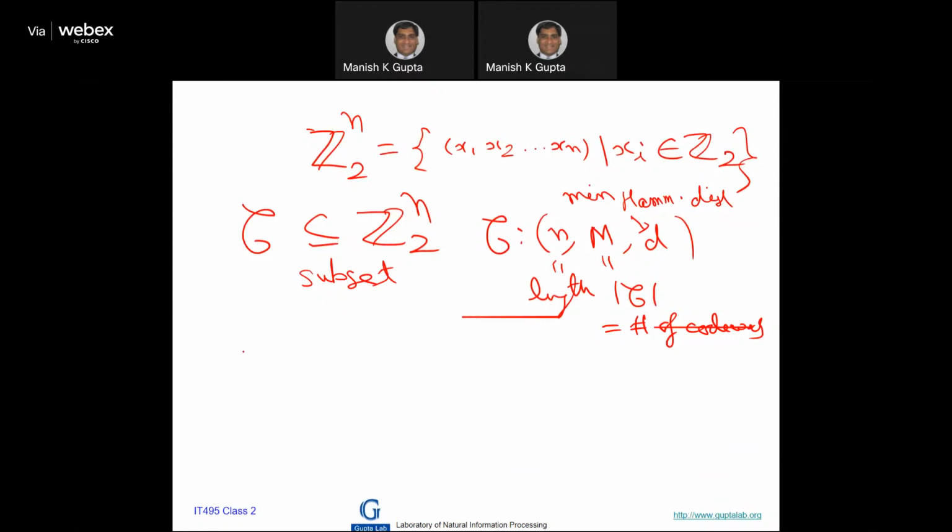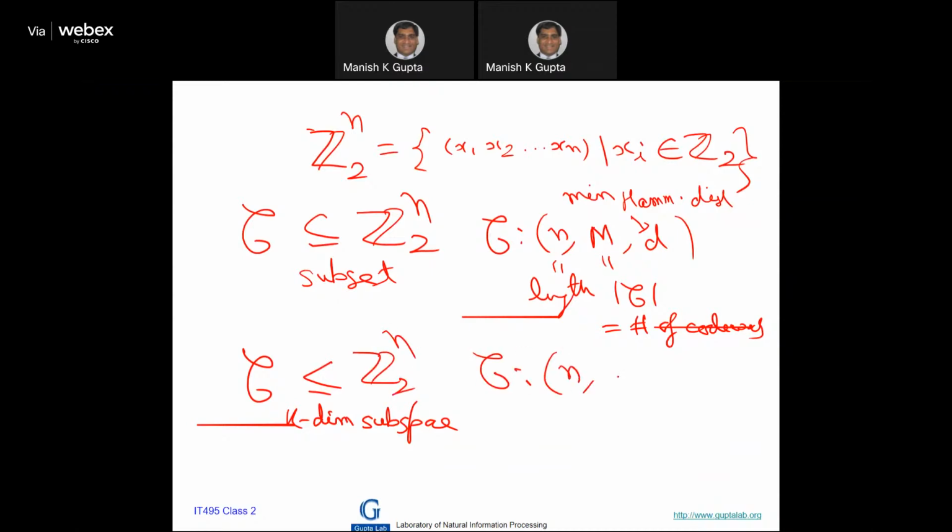A linear code is simply a k-dimensional subspace of Z2 to the n. It is described by n, k, and d. Note that k is the dimension, n is the length.